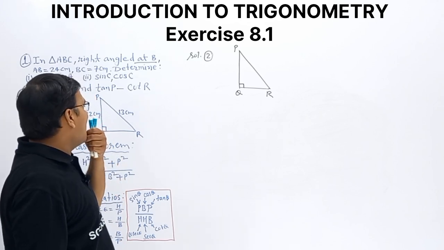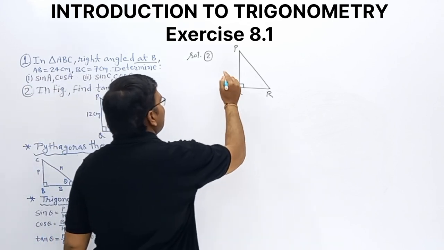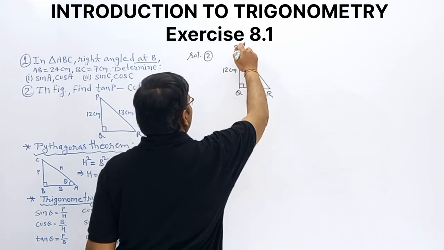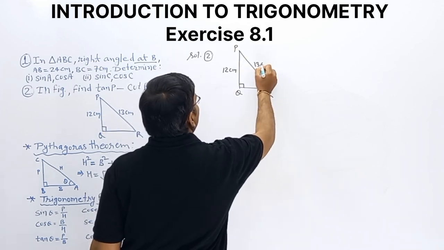Some sides are given. PQ is 12 centimeter and PR is 13 centimeter.